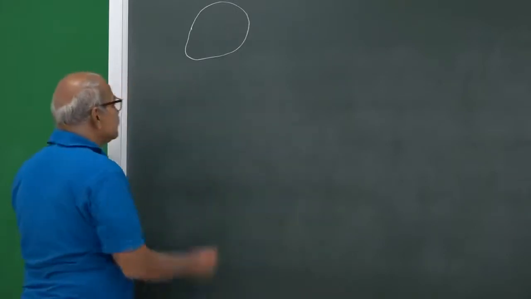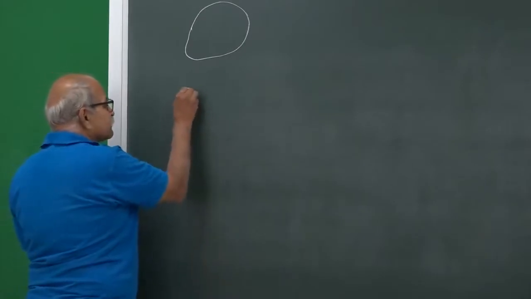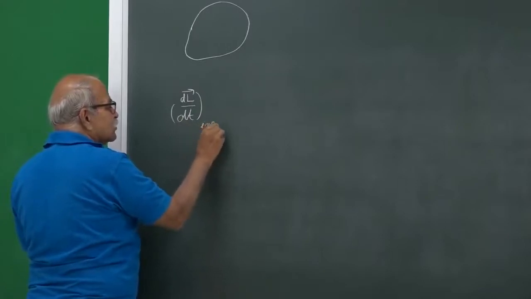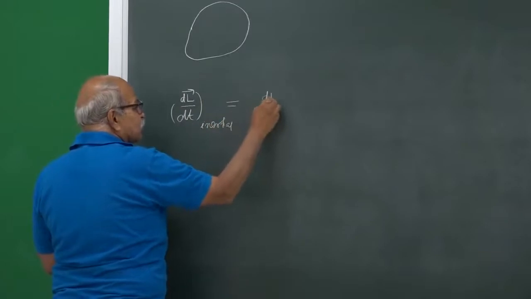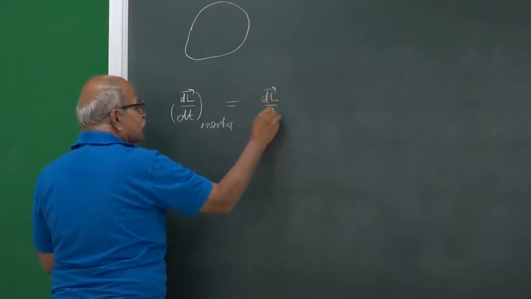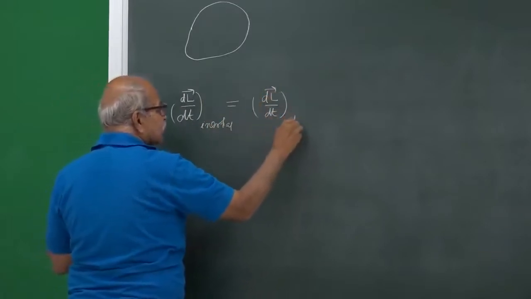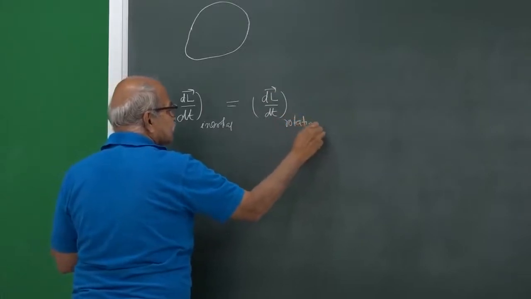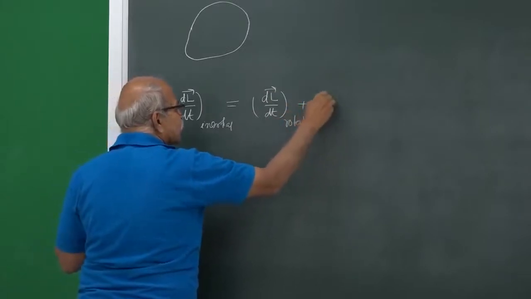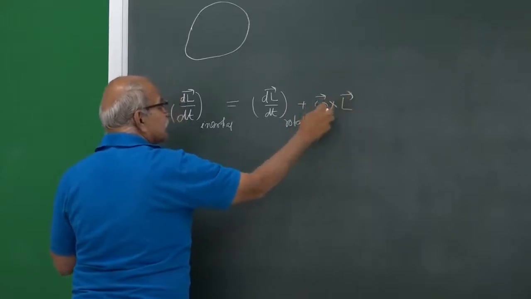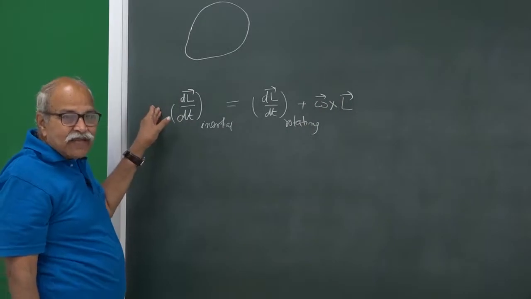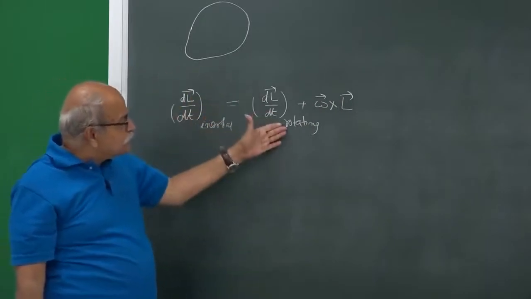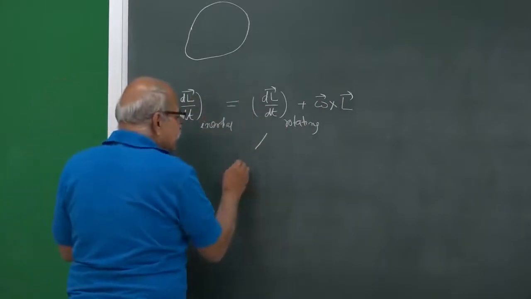So, if you use the rotating frame of reference, then dL/dt in the inertial frame is equal to dL/dt in the rotating frame plus omega cross L. Omega is the angular velocity at that instant.